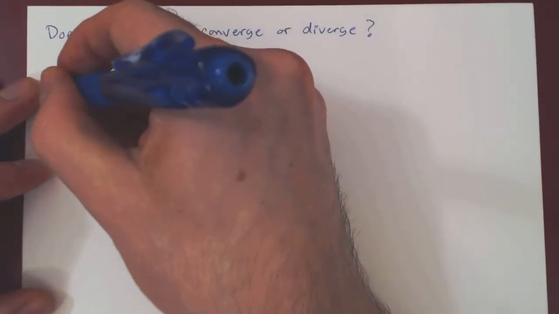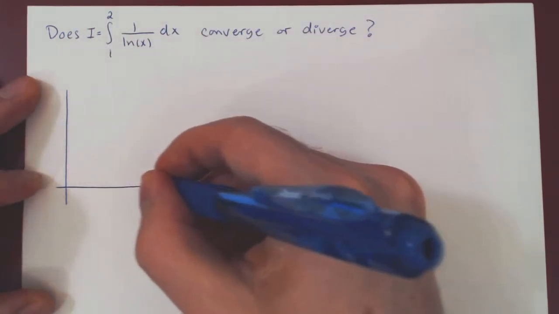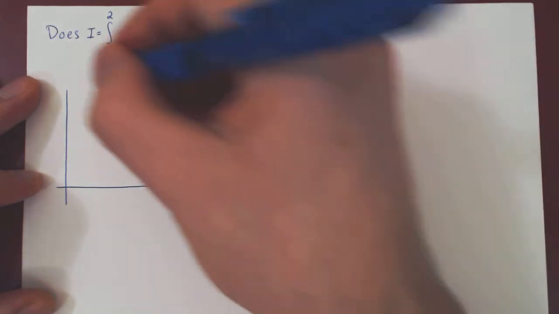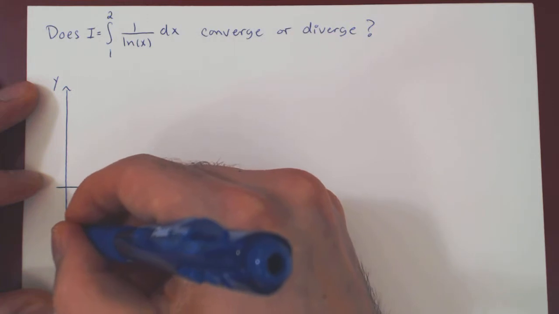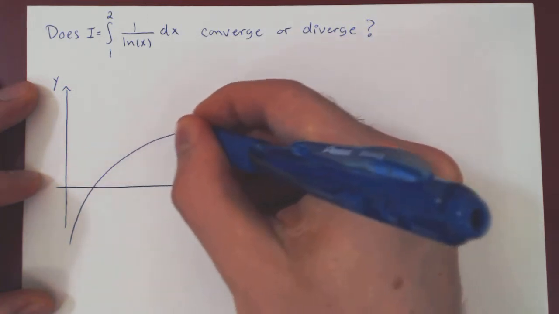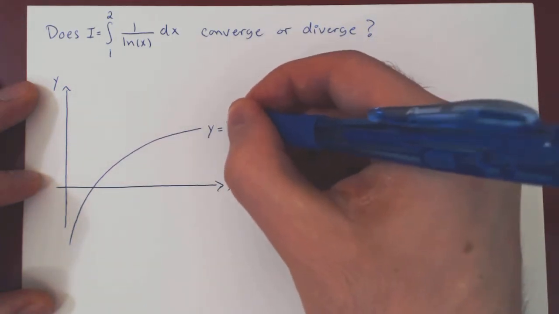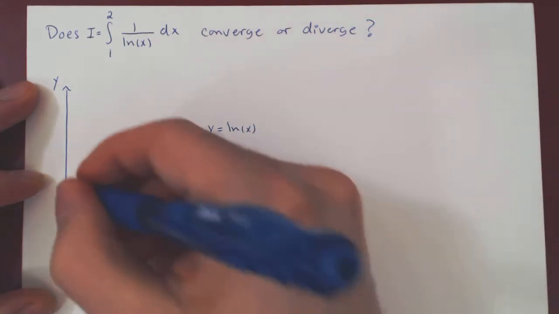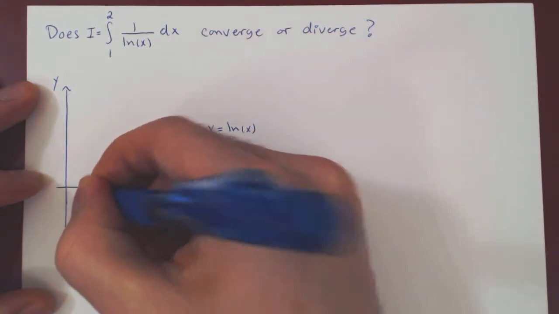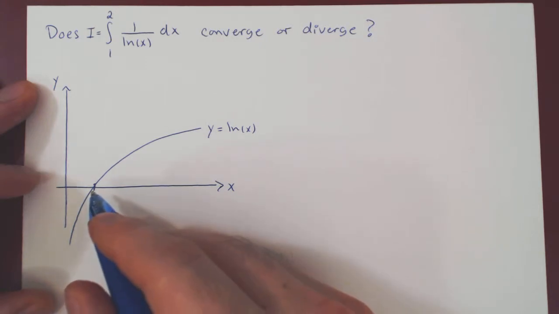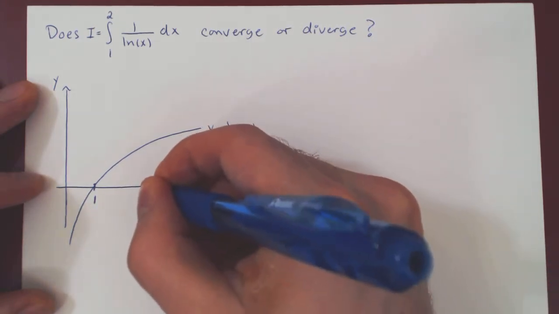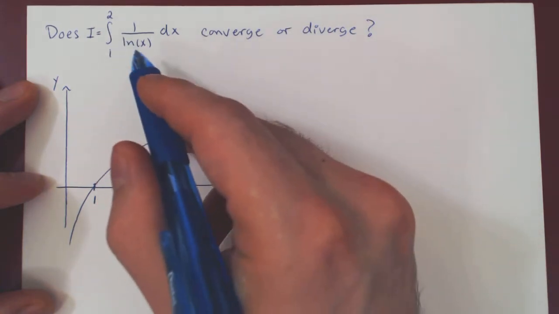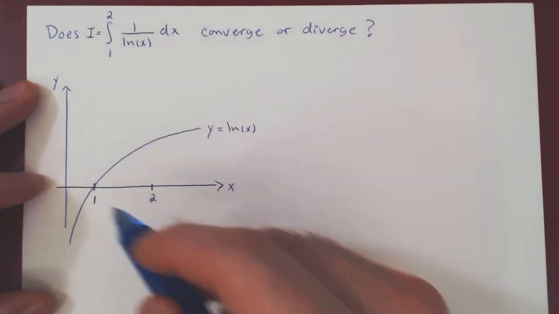So let's see. And ln of 1 is exactly 0, and above 1 ln is positive, and we are considering 1 over ln of x from 1 to 2.